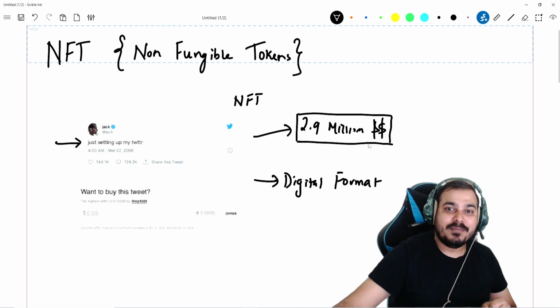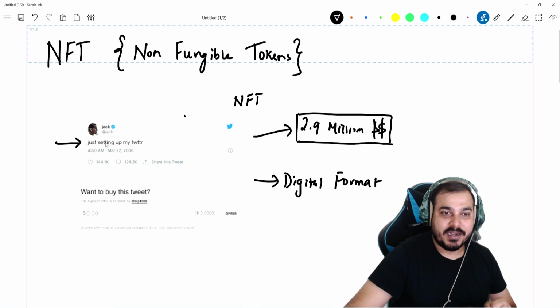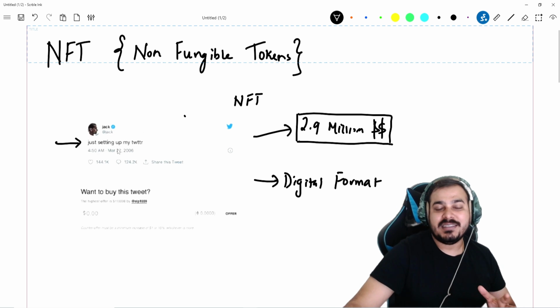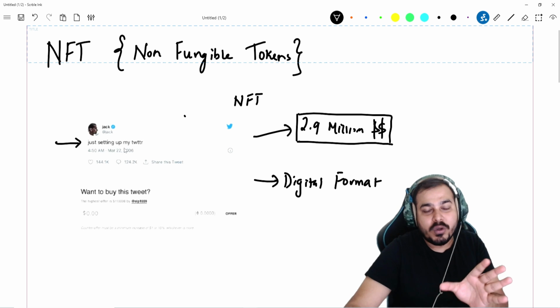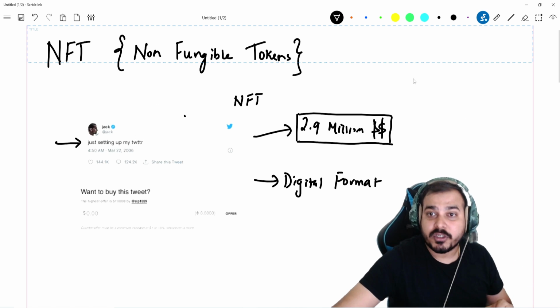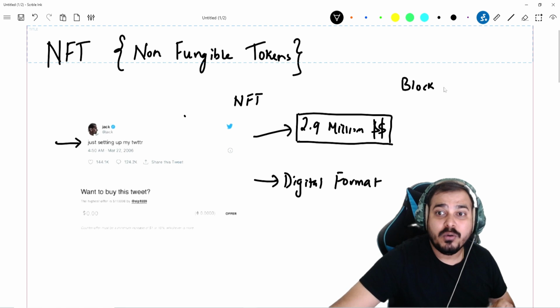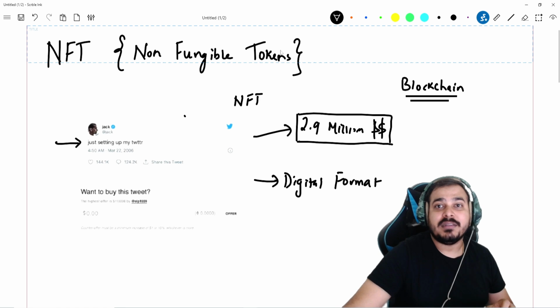But just understand, whoever has actually bought it now owns this particular tweet. And for this ownership, they are also using blockchain. I'll talk about how they are converting this into tokens and saving it in the blockchain so that the record will always get updated.